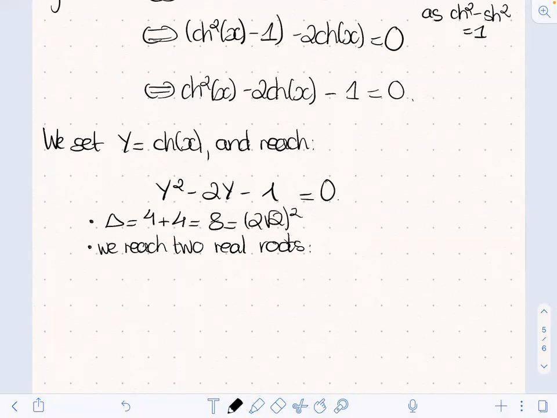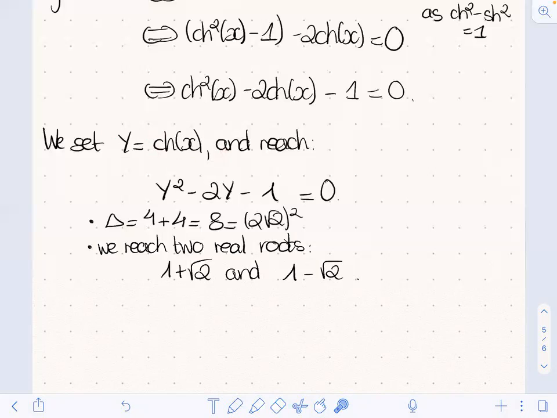If you compute them, you get 1 plus square root of 2 and 1 minus square root of 2. Now we want to revert to the hyperbolic cosine values, or compute x instead of y.